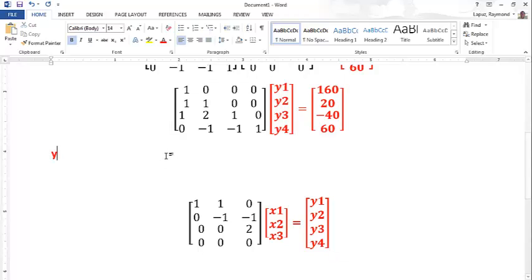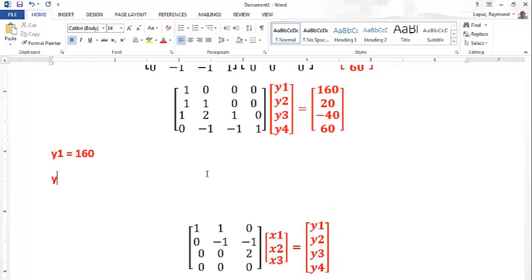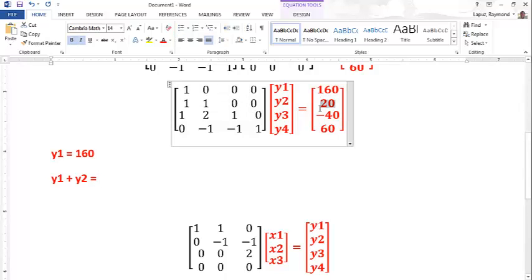the top row. You have a Y1, and that's equal to Y1 plus 0 plus 0 plus 0, that's the product over here, is equal to the top element over here, which is 160. So already you found one solution. For the next row, if we do the row and column multiplication, the dot product, we're going to get Y1 plus Y2, and that's supposed to equal 20.